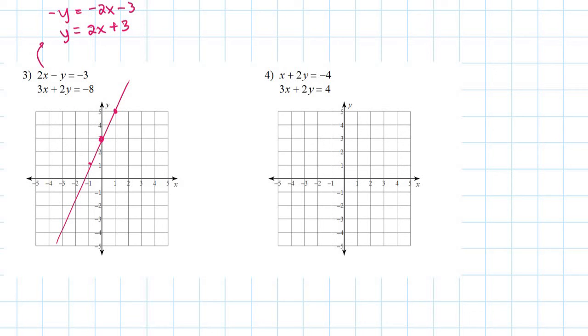Okay, then for the next one, here, I'm going to subtract the 3x, and then I have to divide everything by 2, so negative 3 over 2 x minus 4. So negative 4 is my y-intercept. My slope is negative 3 over 2. Well, I can't go down 3, so I'm going to go 1, 2, 3 places up, and then 2 places back.